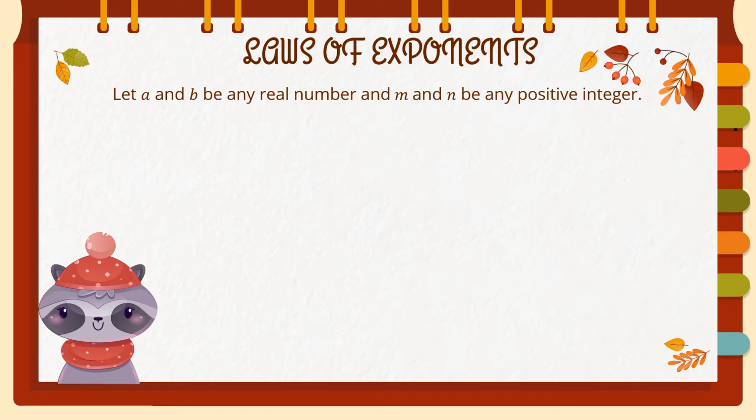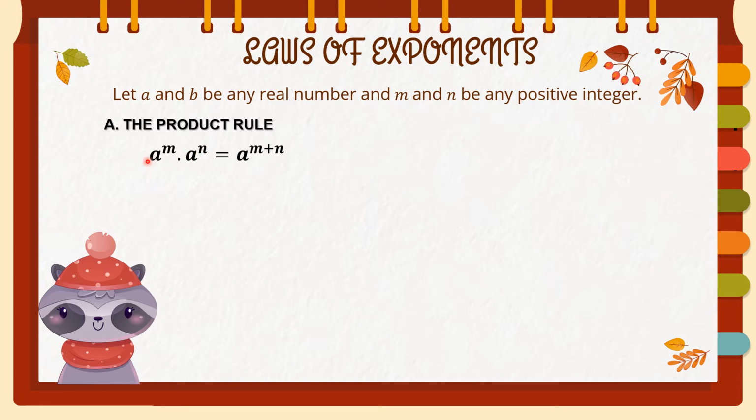Let A and B be any real numbers, and M and N be any positive numbers. The first one is the product rule. Kapag product rule, lagi ninyong tatandaan kapag parehas ang base.